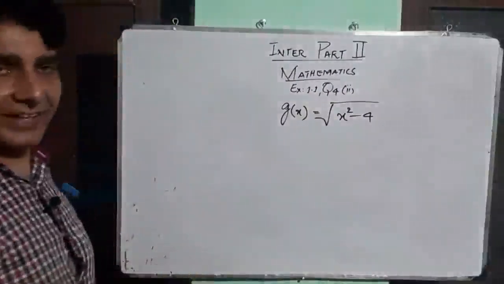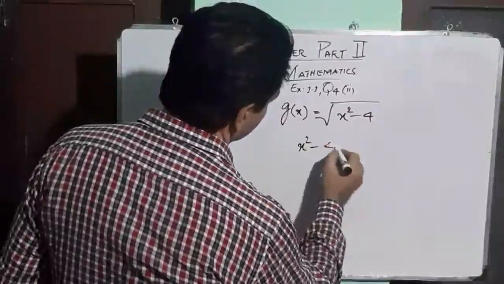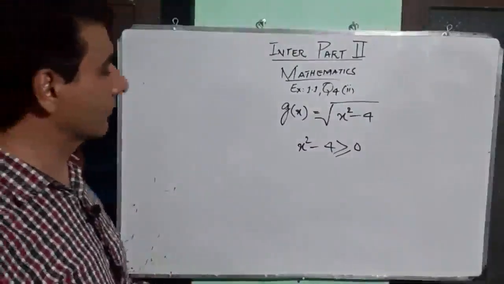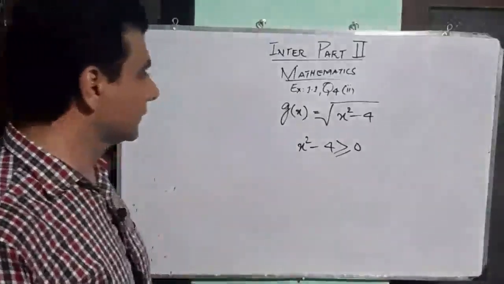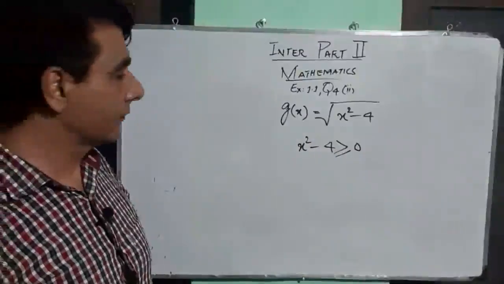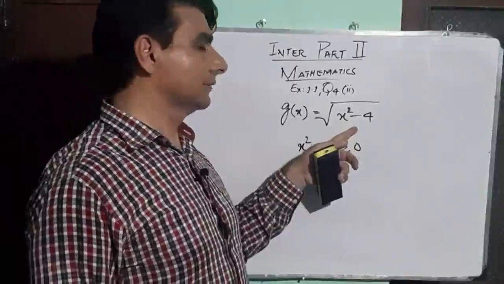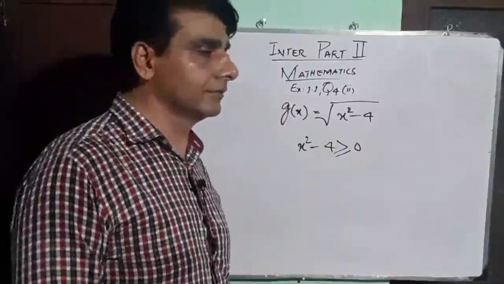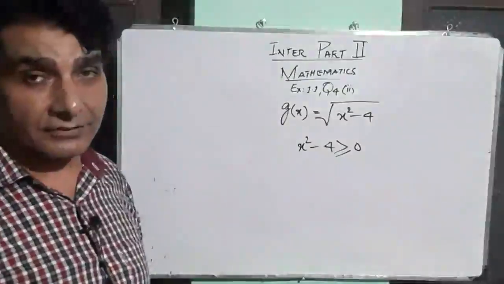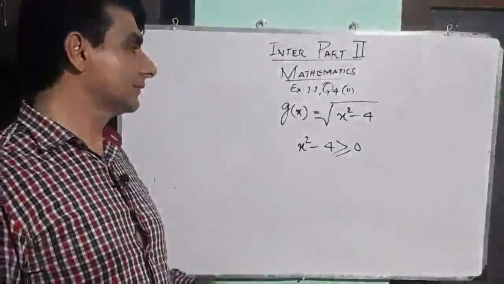So we check the restriction here. x square minus 4 greater than or equal to 0. Why greater than or equal to 0? Because it will have all the positive values. If it gets negative, then it will be a complex number. So we have to check the function for the defined values, where it is defined.